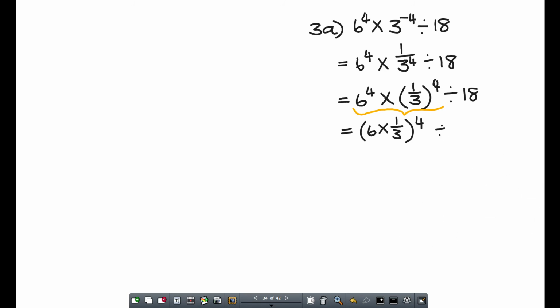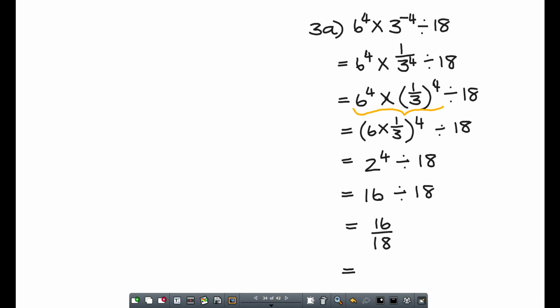And that 6 times a third is going to give me 2 to the power of 4. You guys fine with that? Right. Okay, and what is 2 to the power of 4? 16. Okay. And 16 divided by 18 is the same as 16 over 18, and that simplified gives me.